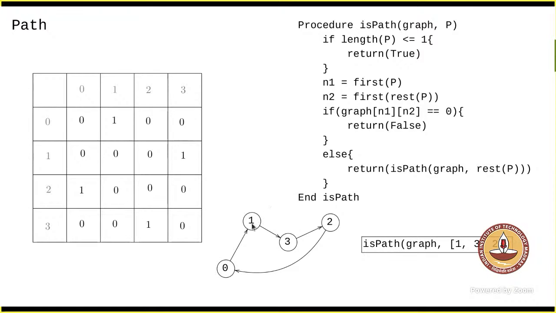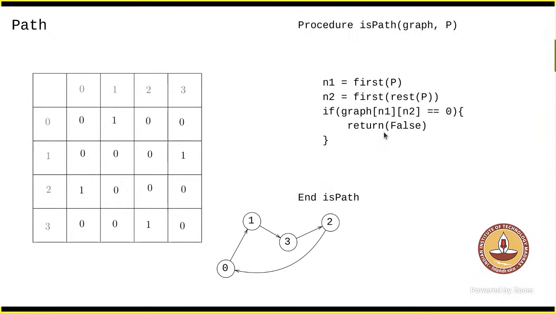If there is no edge between 1 and 3, then can 1, 3, 2 make a path? No, right? If you can't even travel from 1 to 3, then no way you can call this a path, right? So if there is no edge between 1 and 3, then you return false. Okay. That's what you're doing. So this is what you're checking first.